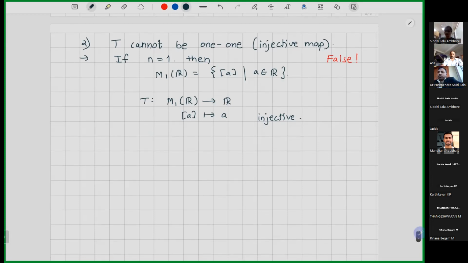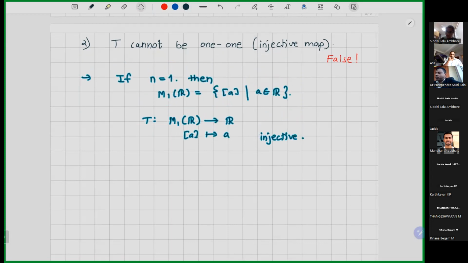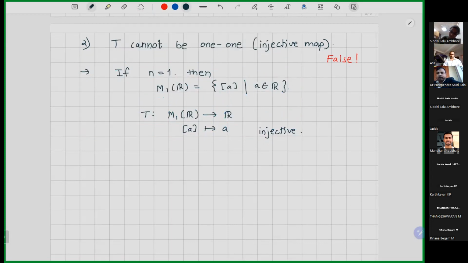They are saying that T cannot be a 1-1 map for any given n in N. So when I am to say that the statement is true or false: if I am to say that it is true, I have to start with any M_n(R) and prove that T can never be 1-1. And if I am to say that this statement is false, I just have to give one example showing that T is 1-1.